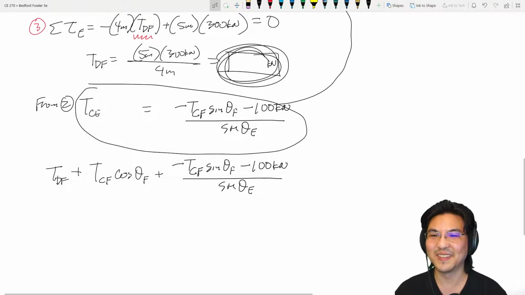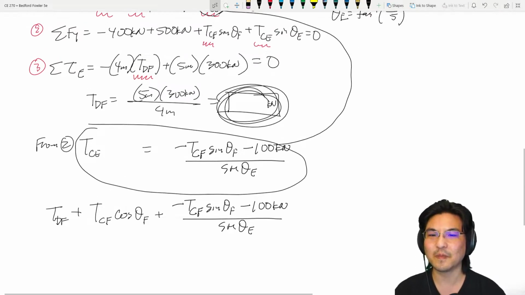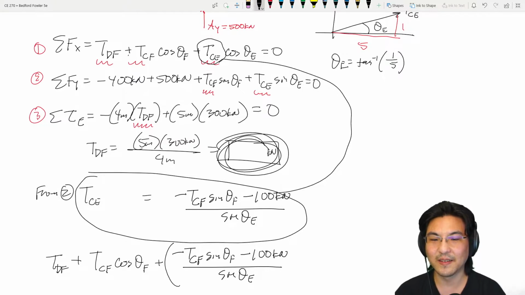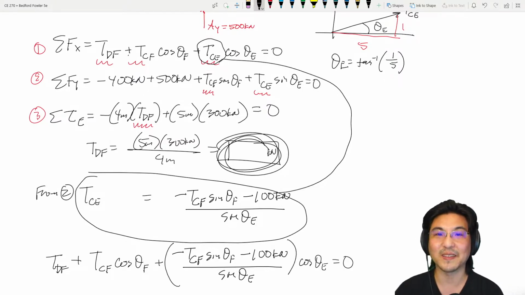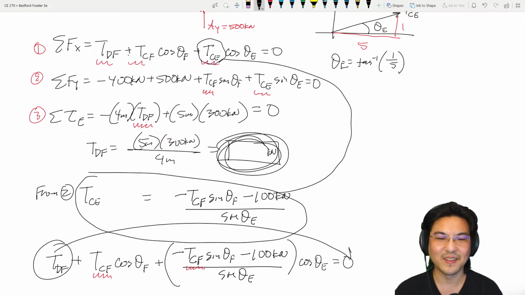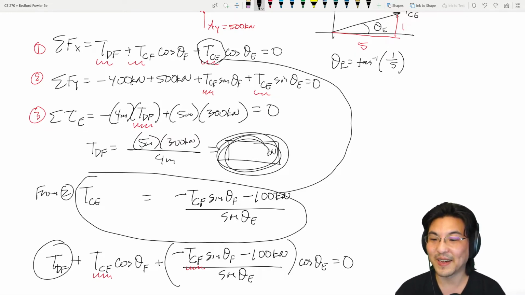This is TCE, cosine theta E equals 0. Now if you look at this, there's only one unknown, right? So just finish this algebra. Move this to that side, factor out TCF, and then you're done.